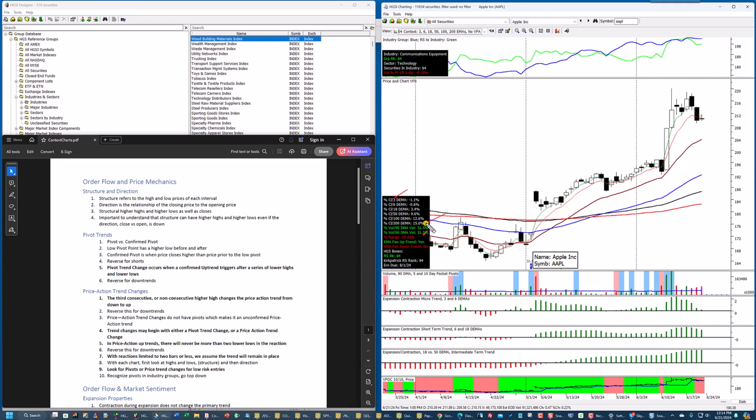You can see that on Apple right here that the 200 day, which is right here, the closing price is 15% above that. So it just gives you an idea of strength. On the blue is the 50, so on the 50 it's 9.6% above.